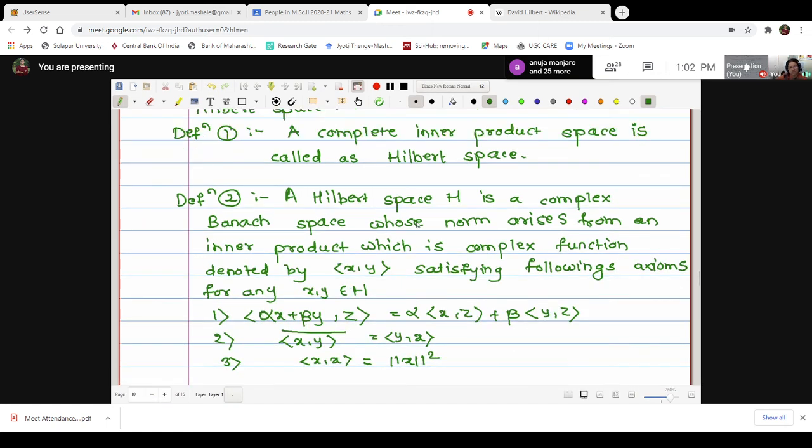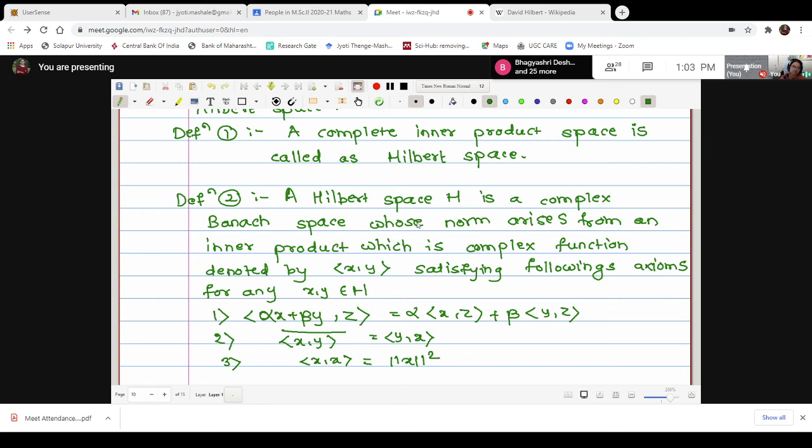If we look at both the definitions, in the first definition we started with an inner product space, which means all the properties of inner product are true, and then completeness was observed. In the second definition, we start with a complex Banach space.